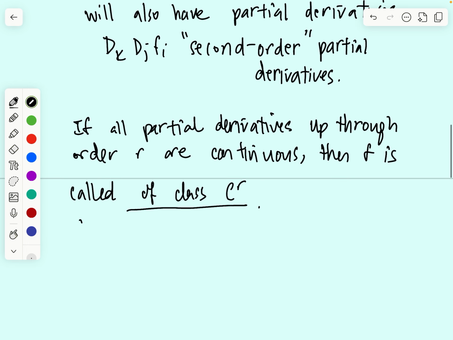And we say that f is of class C infinity if the partial derivatives of all orders are continuous.